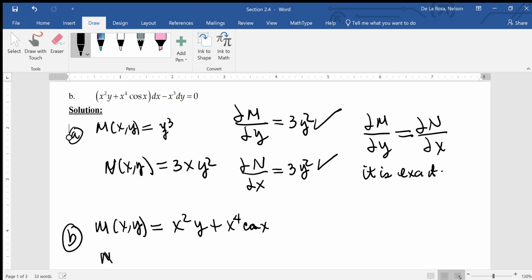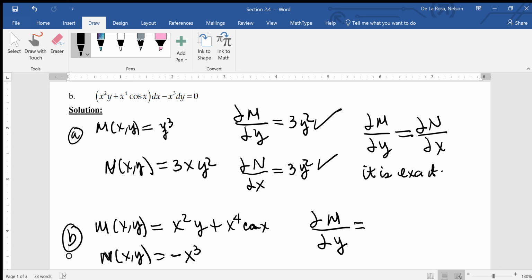And the N of x comma y is that expression multiplying dy. So that would be negative x to the third.